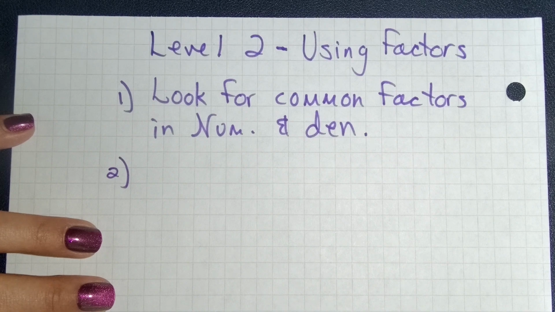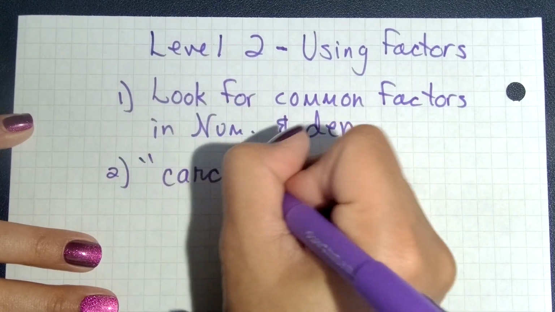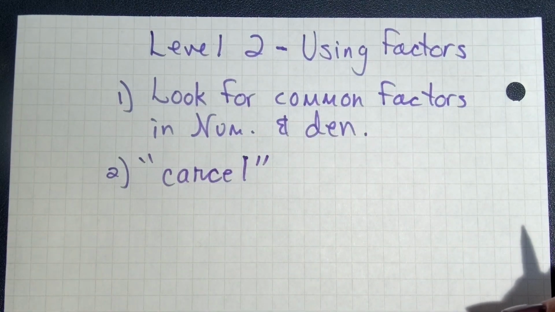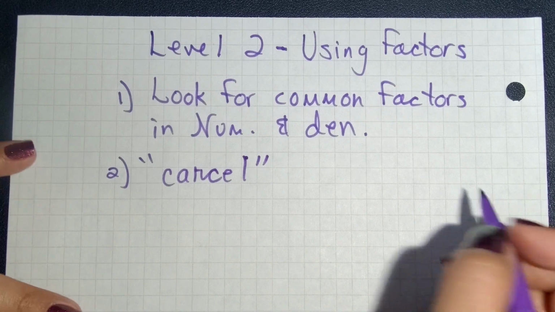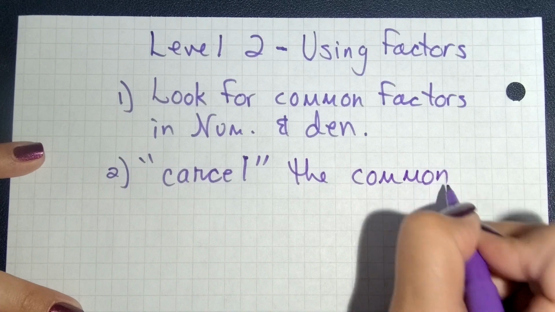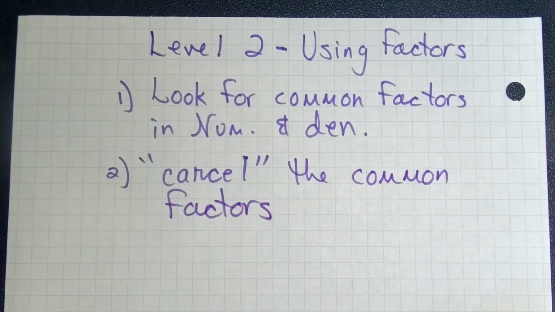The second thing you're going to do is you're going to cancel, and I put cancel in quotes because I don't know what other mathematical term to use. Cancel the common factors. So like I did in that example, I canceled out the x minus 2, right? It became 1.